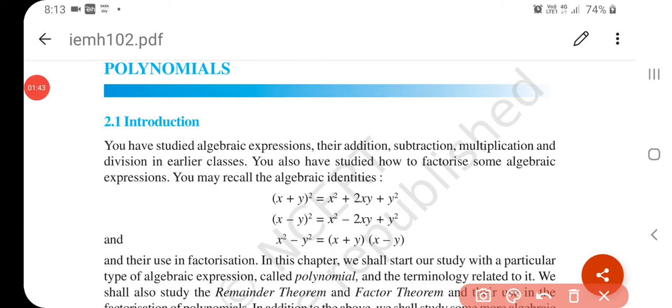These are some identities we learned in 8th standard. Remember the identities. x plus y whole square is equal to x square plus 2xy plus y square. x minus y whole square is equal to x square minus 2xy plus y square. x square minus y square is equal to x plus y times x minus y. These identities we learned in previous classes.